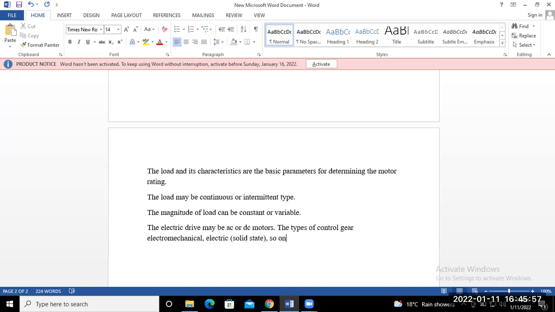Whatever your requirement for driving particular loads, according to that you have to select. So this is all about the introduction part of the electric drive system.